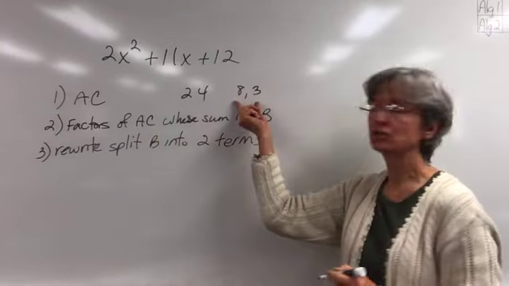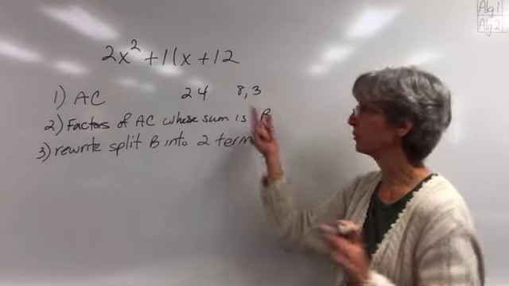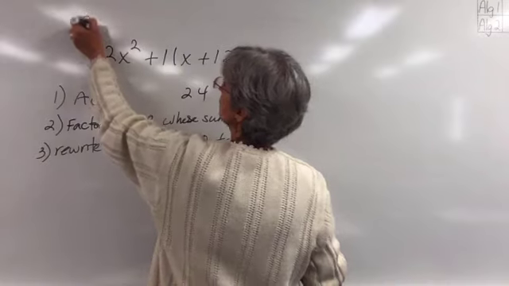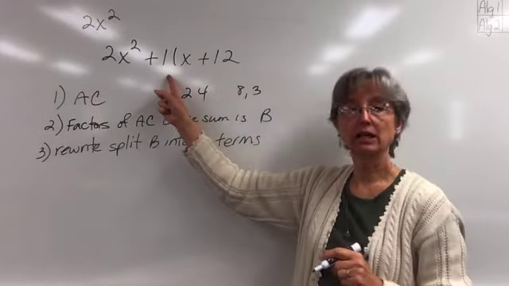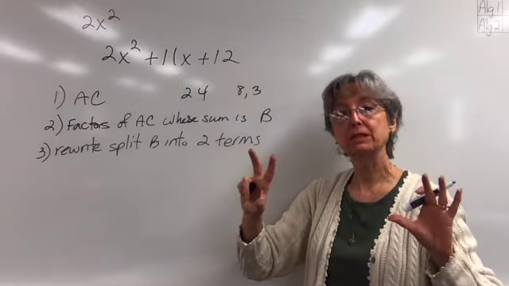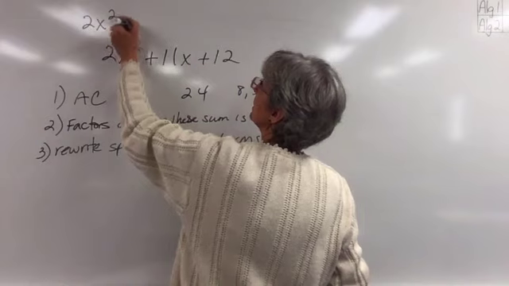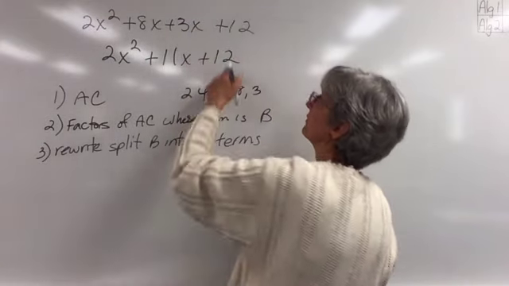Let me show you how that works. We're going to rewrite this 2x squared, and instead of being 11x, it's going to be 8x plus 3x. I'm going to split it into 2 terms, plus 8x plus 3x, and then 12 doesn't change.